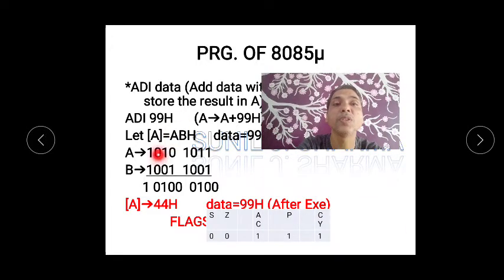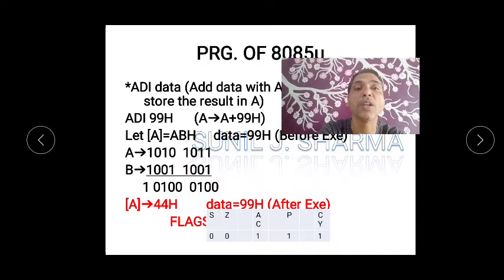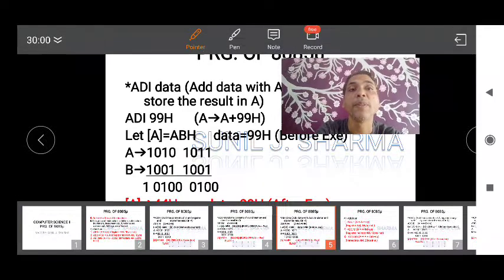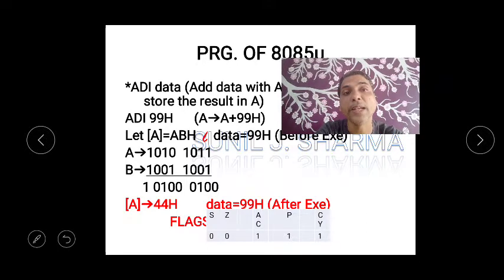Accumulator value: this is A, this is B, this is 9, this is 9, because 99H is the data. Now, one minute. You can see 1 plus 1 is 0, carry 1, then 1 plus 1 is 0, carry 1, this is 1. Again we have generated the auxiliary carry. So this is 1 plus 1 is 0, carry 1.